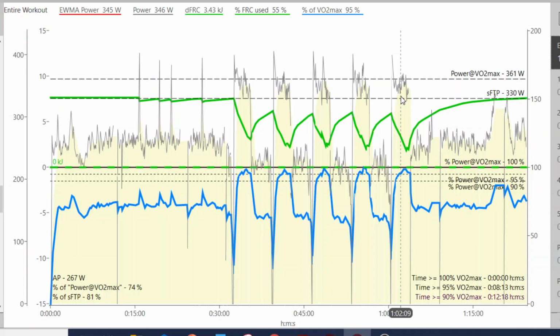So I start reducing recovery interval duration so that if you notice here, he's got all this time to recover. And if we cut that down, he's only recovering to here instead of up to here. So his starting point of the next interval is a little bit less recovered on the FRC side, which means he gets a little bit deeper.